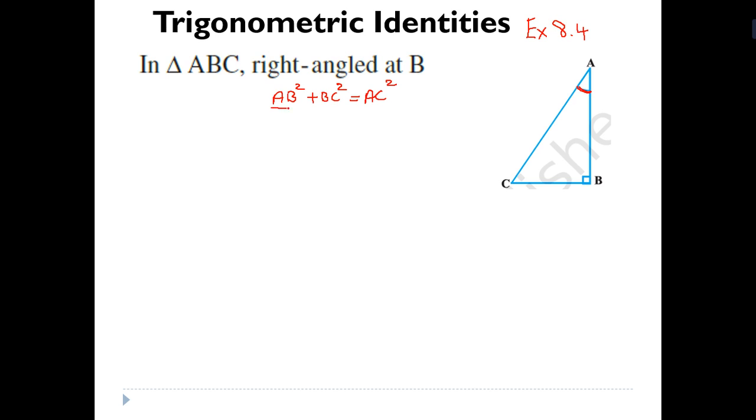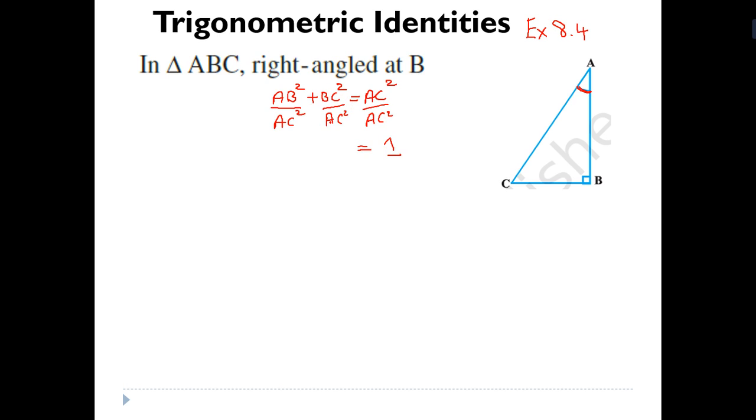Now if I divide all this by AC square, then some relations I get: AB upon AC, BC upon AC, and AC upon AC, which gives one.